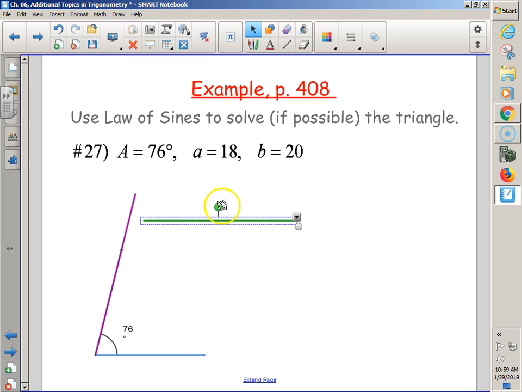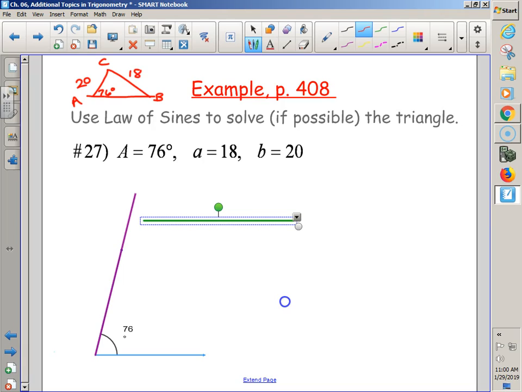So I'm thinking about an ABC triangle where I know 76 and I know 20 and I know 18. But what's the dilemma if you guys actually wrote this? 76, you made it a little bit less than a right angle, then you made 20, and then you made 18. Side, side, angle, or angle, side, side.